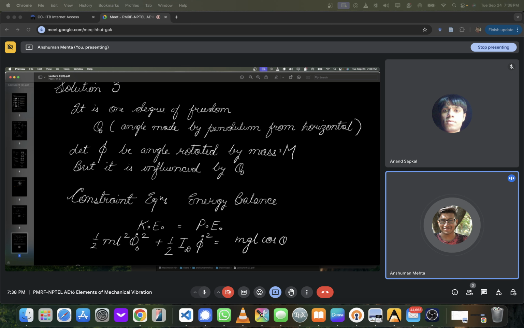So this is the constraint equation. This completes our question number 3.